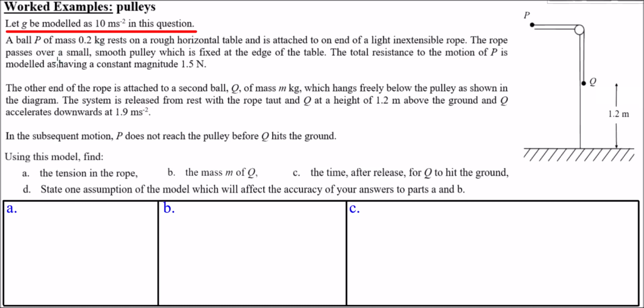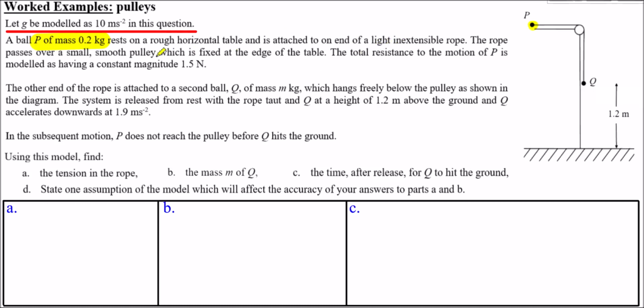So reading here, luckily now we have a diagram to help, which is always a bonus. It's got a ball P of mass 0.2 kilograms, so we may as well add this in. It's attached on the end of a light inextensible rope, fairly standard.